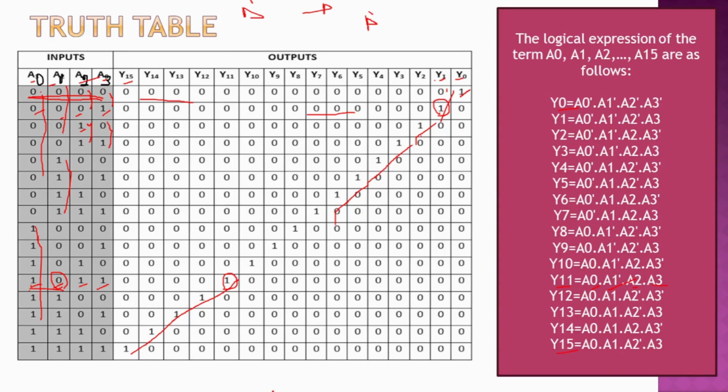Y15 gets an output value of 1 when all the inputs are equal to 1. So the input variables are written by the name itself, that is A0, A1, A2 and A3.